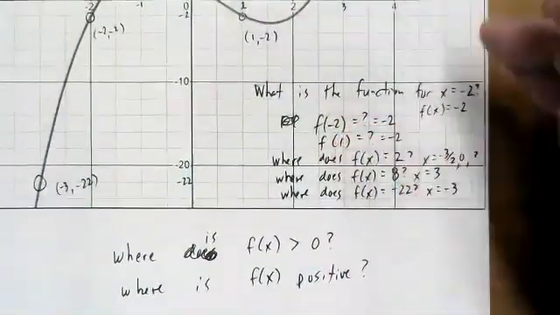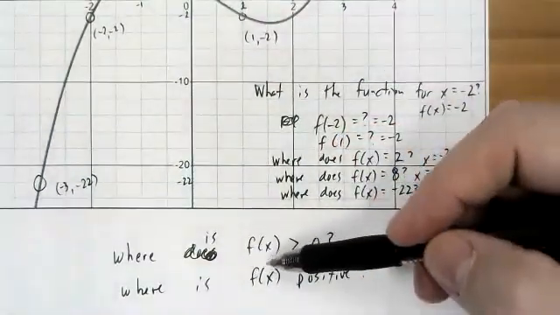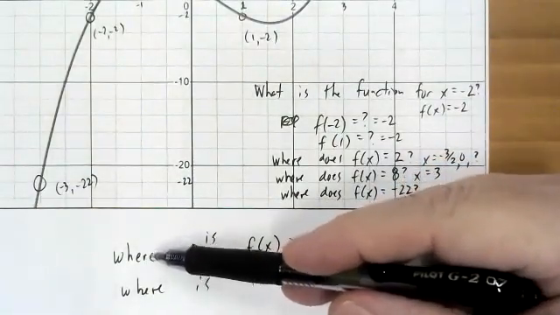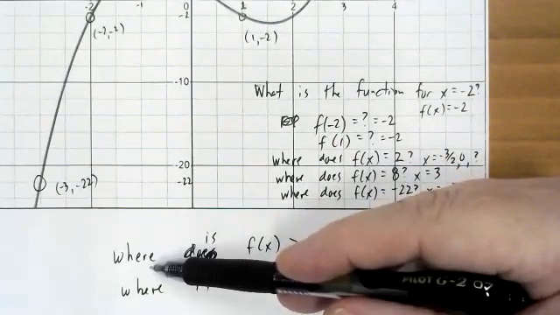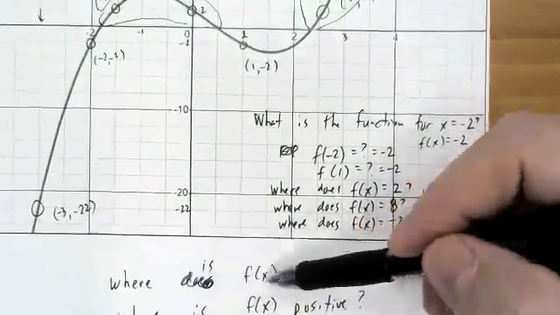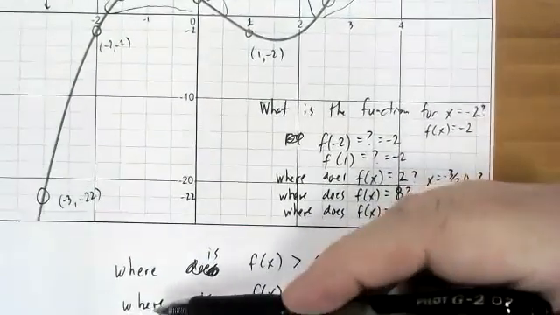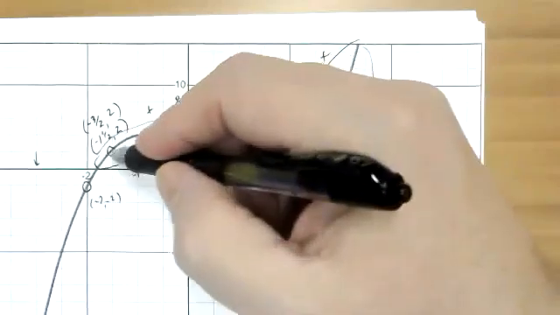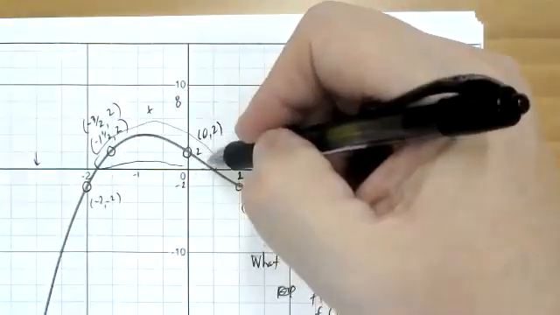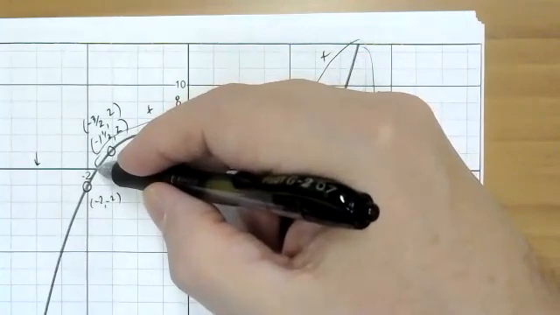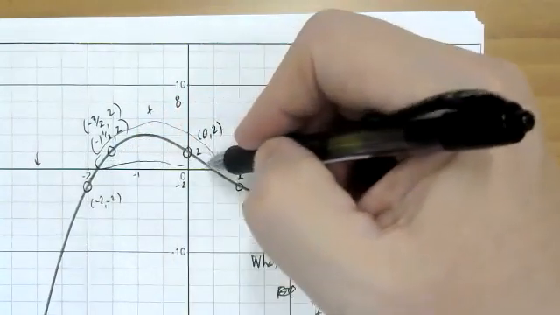So if the question is where, by where, they're asking for the values of x. So they could have said, for what values of x is f of x greater than 0? For what values of x is f of x positive? Well, it's this here. It's not just one value of x. It starts here and it goes to here.